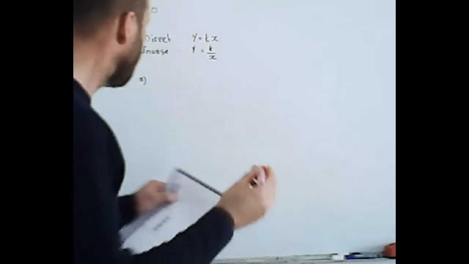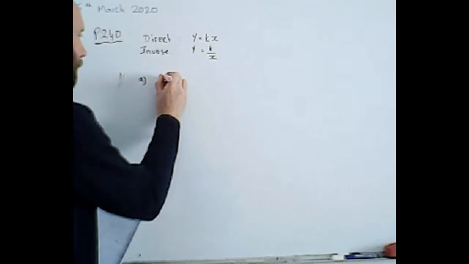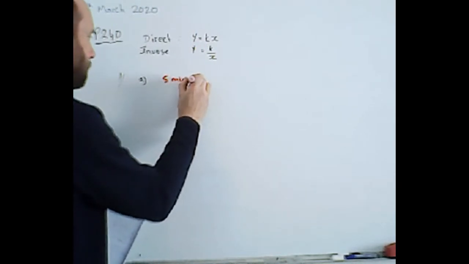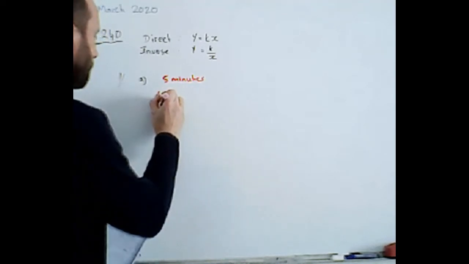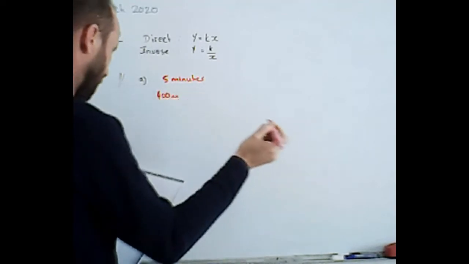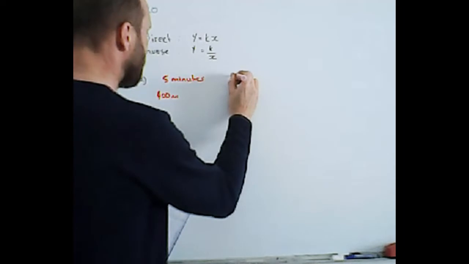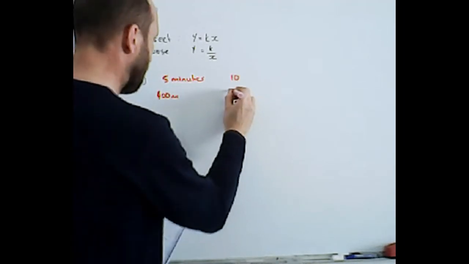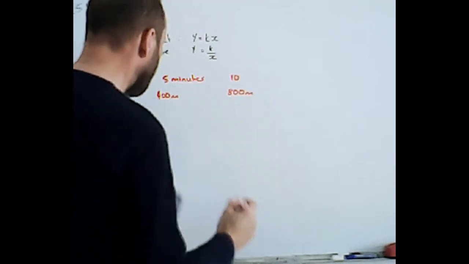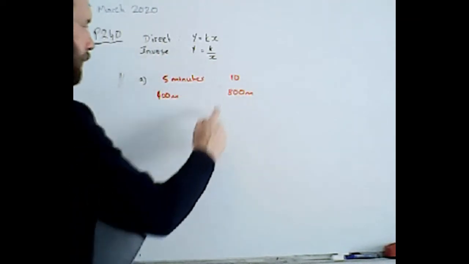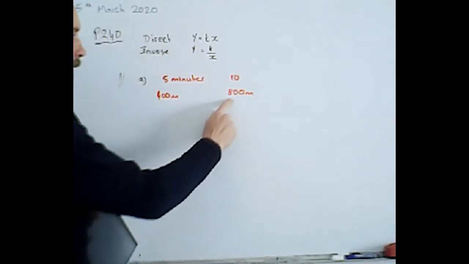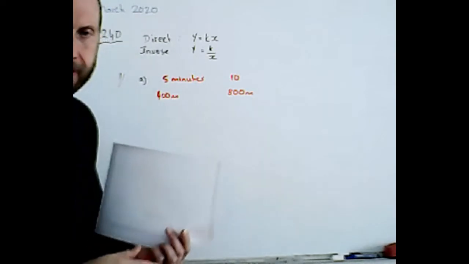So for example here, we could have 5 minutes, he travels 400 meters. And then in 10 minutes, he would travel 800 meters. You can see 5 times 2 is 10, and 400 times 2 is 800.